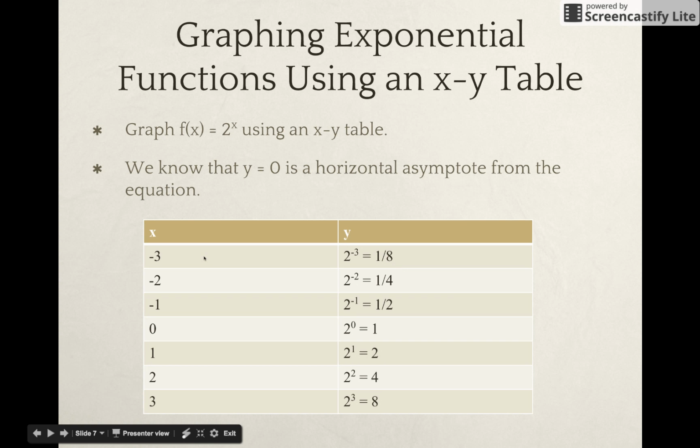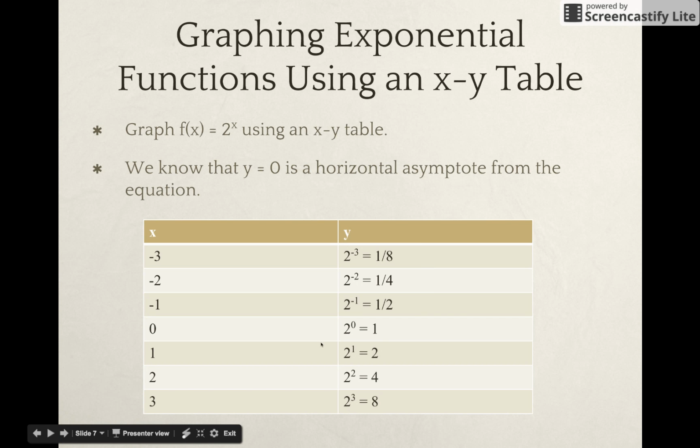If we were to evaluate when x is -4, we would have 2 raised to the -4th, which would be 1/16. And again, that's still a positive number, not equal to 0, getting really, really close to 0 though. And that's the idea with horizontal asymptote.